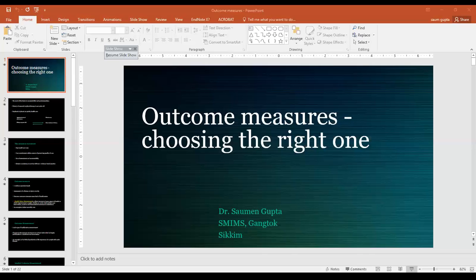Now, if you look at this paragraph which I have taken from a journal article, it talks about what a physiotherapist does to the patient. The physiotherapist completes a full baseline assessment and a set of appropriate outcome measurements.